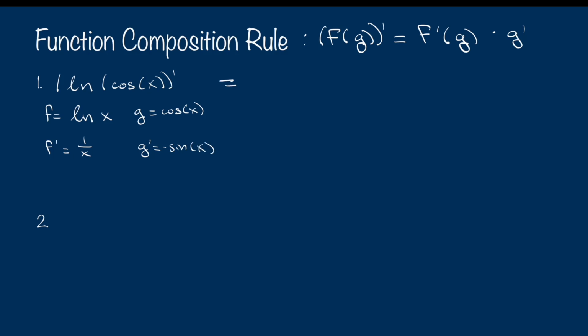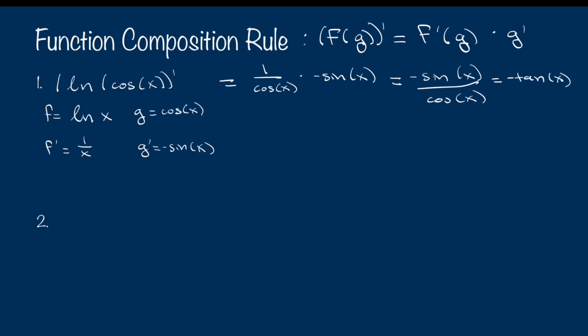So we have to plug in our x, which is just our g. So 1 over cosine x multiplied by negative sine x, which gives us negative sine x over cosine x, which is also equal to the negative of tangent x.